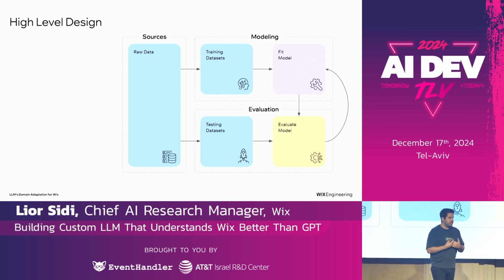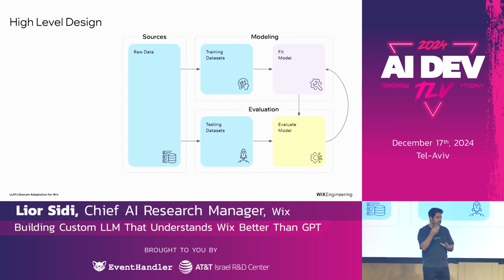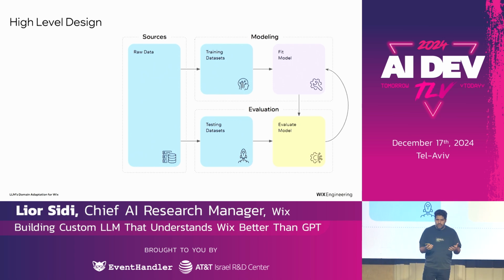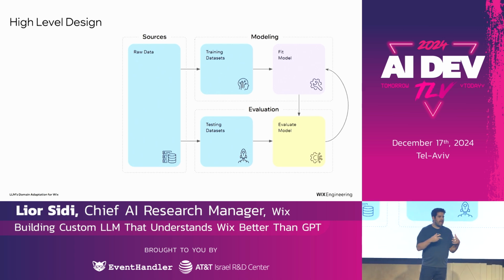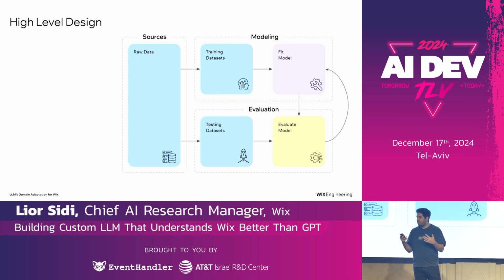The other process is evaluation. Training without a goal, without understanding the metrics, the business metrics and the KPIs that you can impact, is worthless. So the evaluation part is basically taking your trained model, or even the base model, and estimating its performance on business tasks, on the tasks themselves.